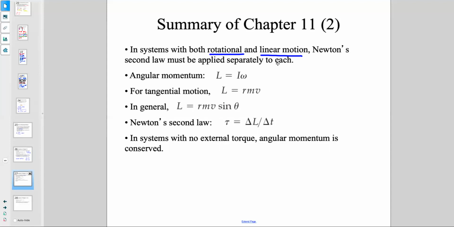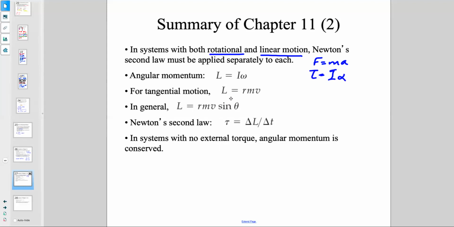It's rotating, but it's not slipping. So Newton's second law must be applied separately to each. In other words, you have F equals ma for translational motion, and you have tau equals I alpha for rotation.